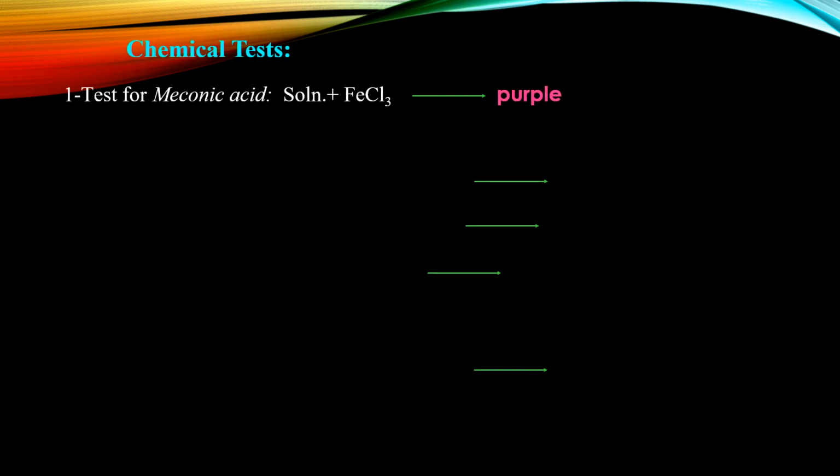Chemical test for meconic acid: a solution or extract of the papaver fruit or opium treated with ferric chloride will produce a purple color.